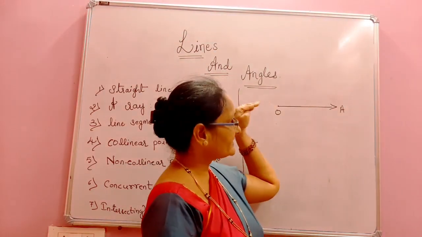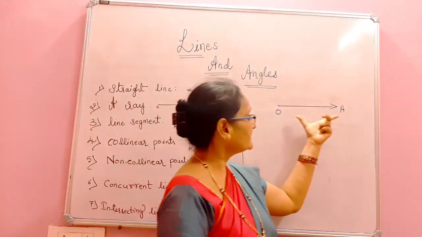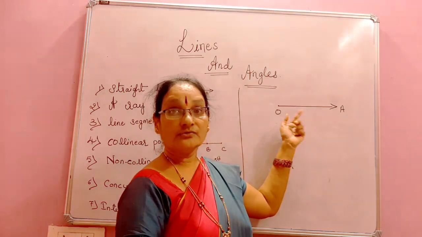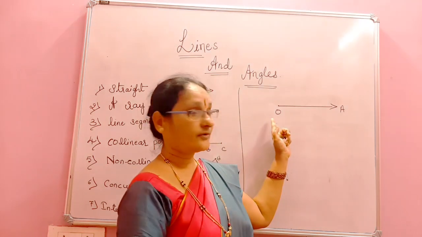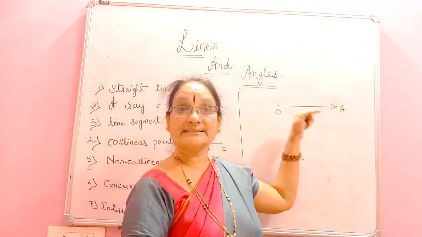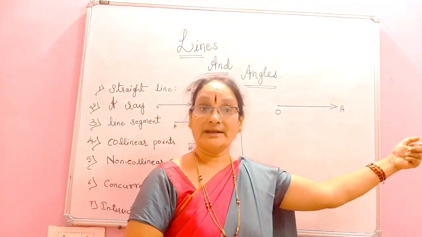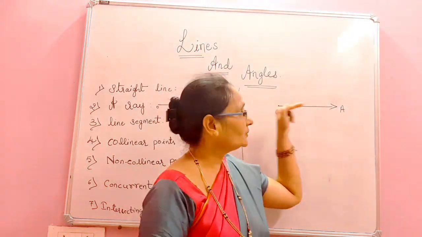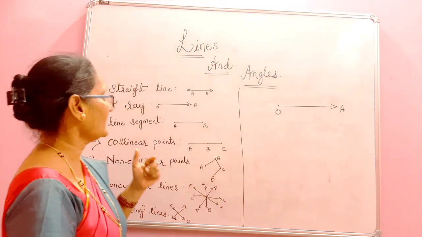This is what a ray is. A ray is a line which can be originated from one point and can be extended in one direction. That means OA is a ray. It can be extended through A. This is the second line.